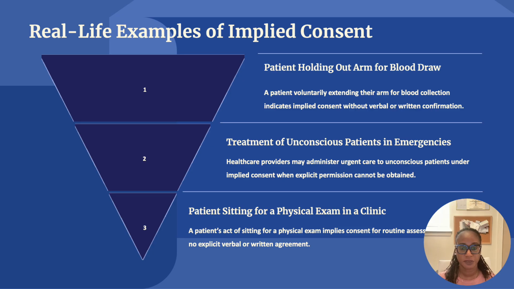Treatment of unconscious patient in emergency: a healthcare provider may administer urgent care to an unconscious patient under implied consent when explicit permission cannot be obtained. A patient sitting for a physical exam in a clinic is also another example of implied consent. The patient's act of sitting for a physical exam implies consent for routine assessment, with no explicit verbal or written agreement at that point.